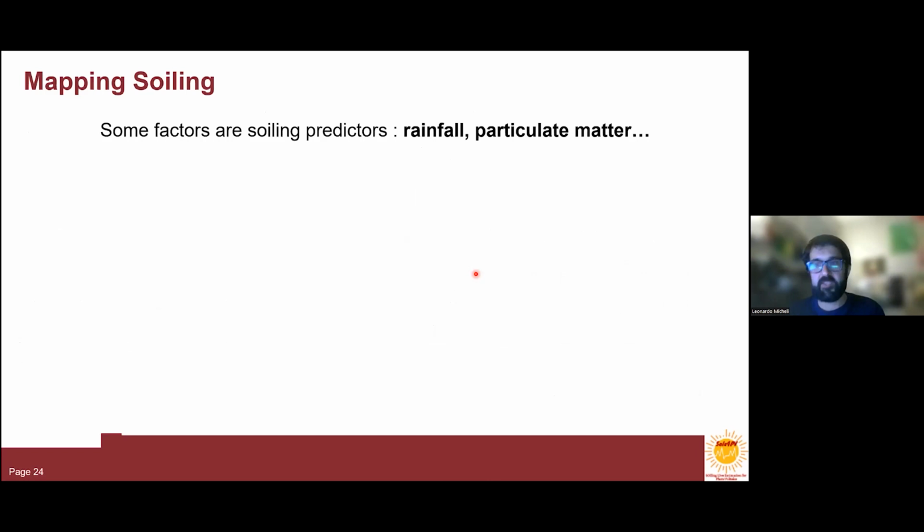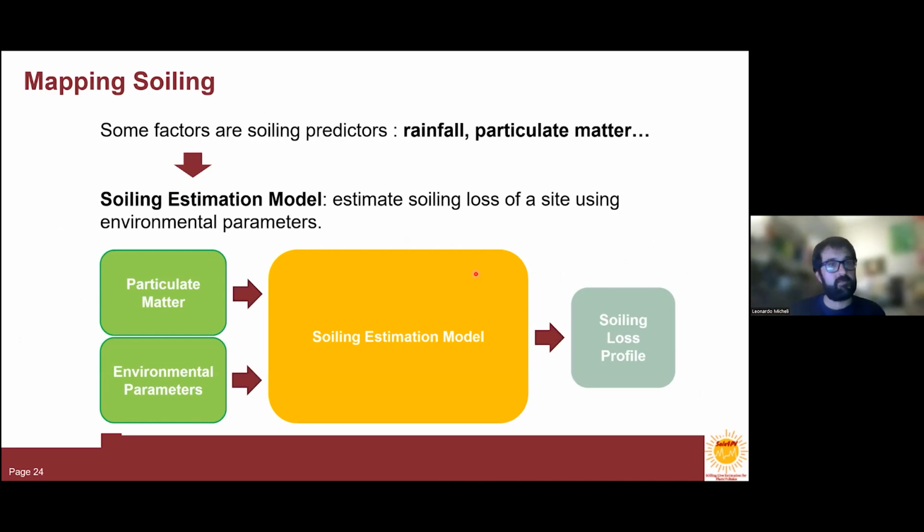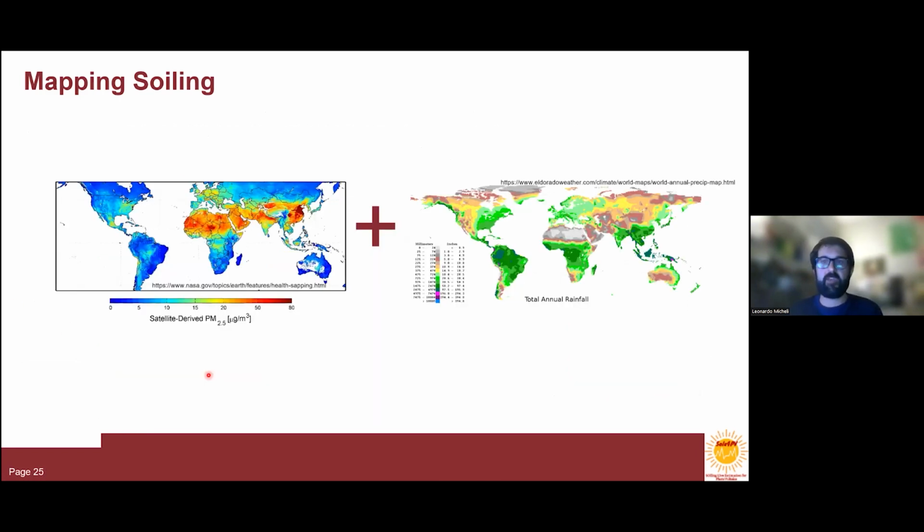However, there are other ways to estimate soiling losses, because we know that soiling is caused by several factors, such as rainfall and particulate matter. We can use a soiling estimation model to estimate a soiling loss profile starting from those data. Why would we do that? Because those data are widely available.